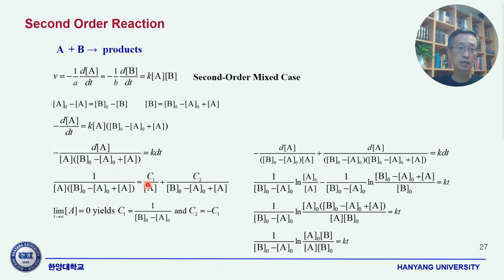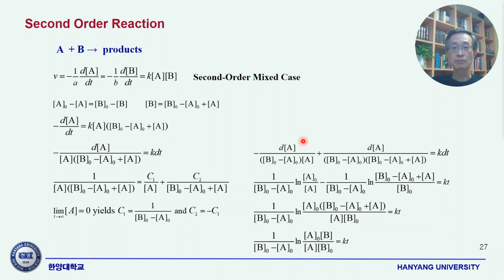So A is closed out, and C2 equals minus, because this term is moved to the other side, 1 over B naught minus A naught, which is C1. So C2 equals minus C1. I'm sorry, it's just kind of confusing.